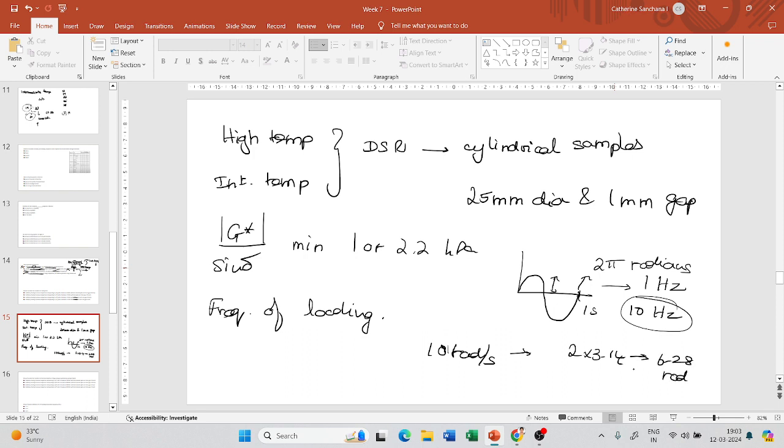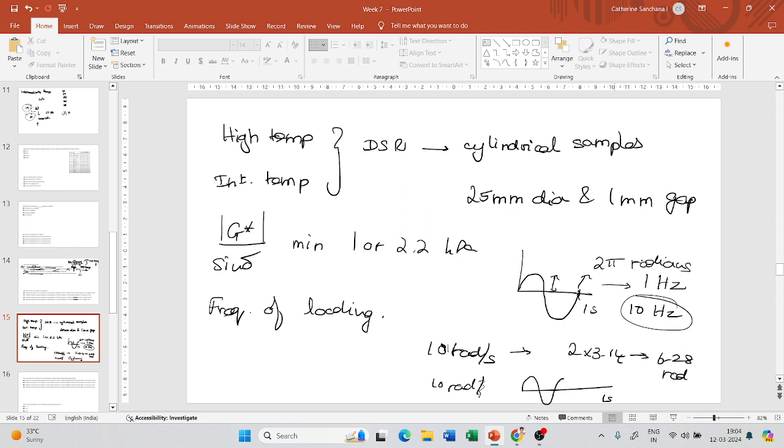So if in 1 second it completes 10 radians, which means in 1 second it has to complete one cycle and then start the next cycle, because one cycle corresponds to 2 pi radians, right? One complete rotation in a circle is 2 pi radians. So in 1 second it has to complete 10 radians.